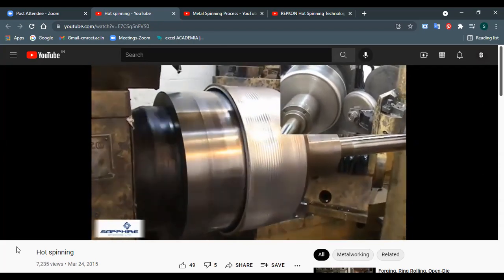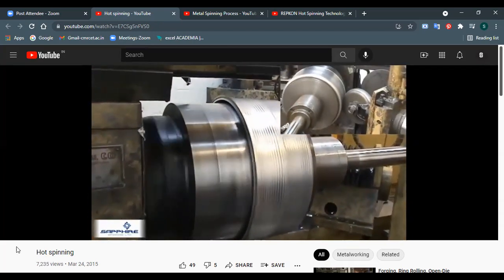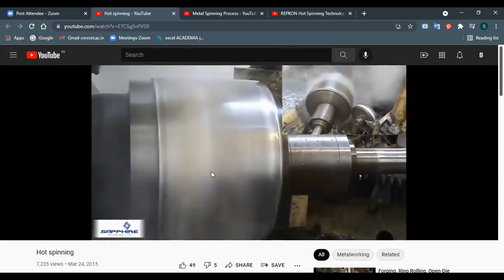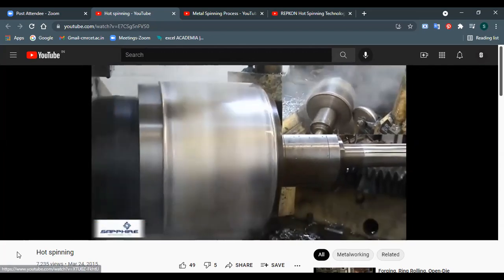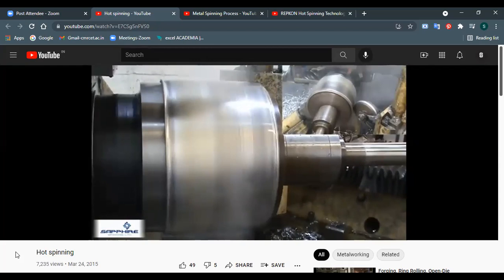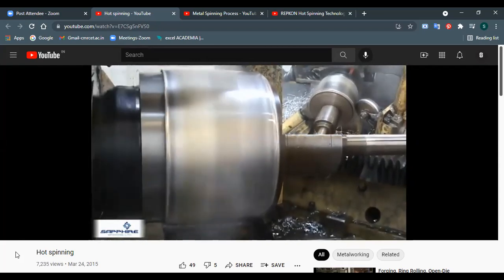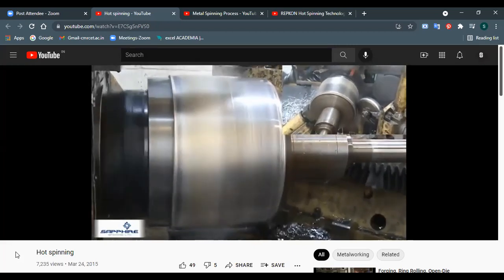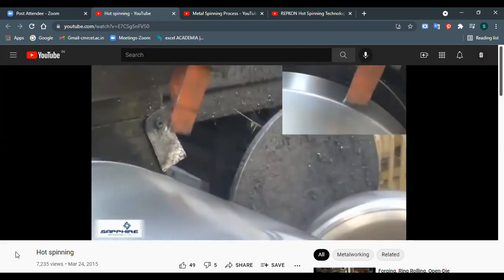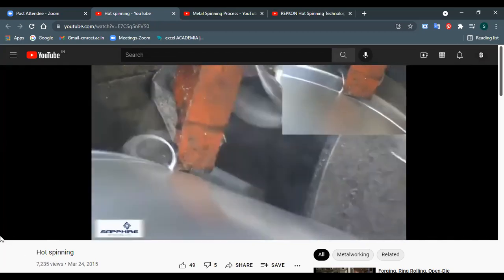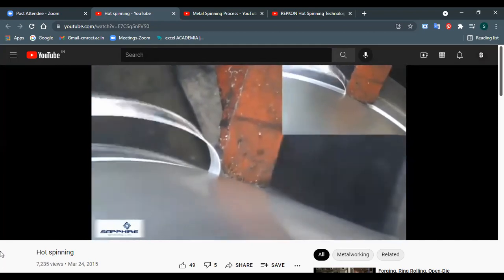See, the side view is also shown. We're parting it off, as we don't want the end portion.